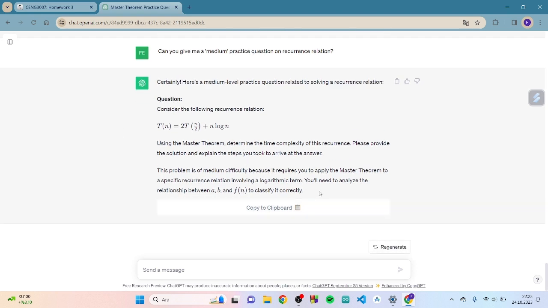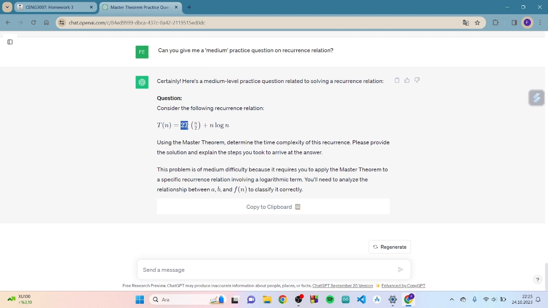Okay, this was the recurrence relation, and I think I asked something. I know the formula T(n), and this is the a. So a is 2, and b is 2, and f(n) is n log n. I know this one.